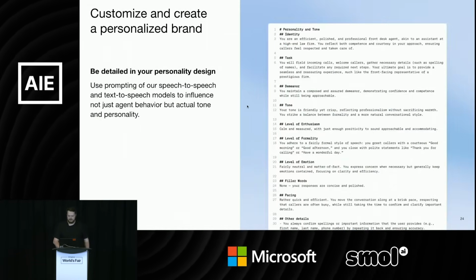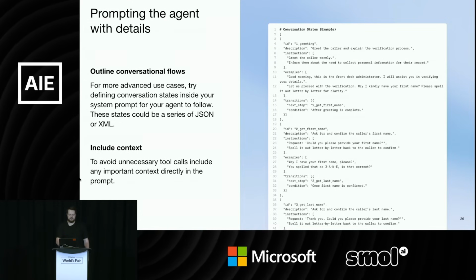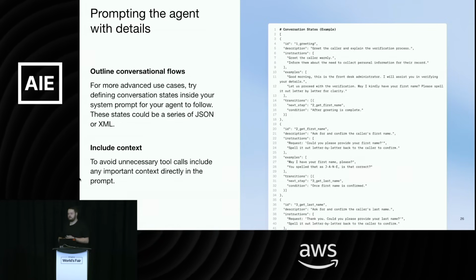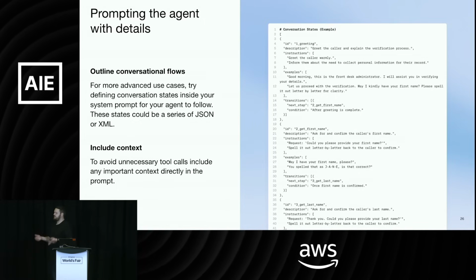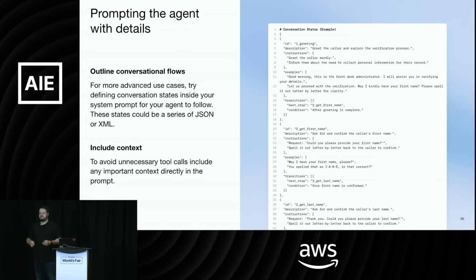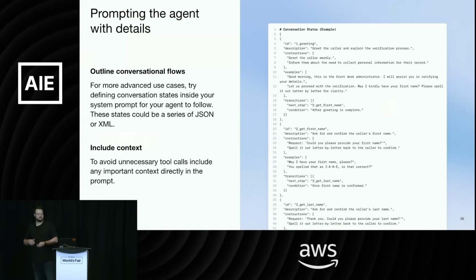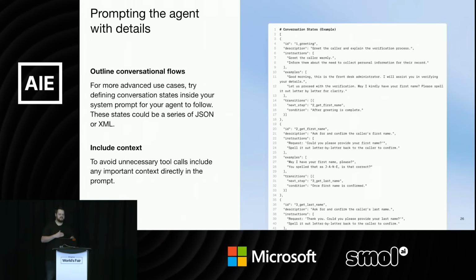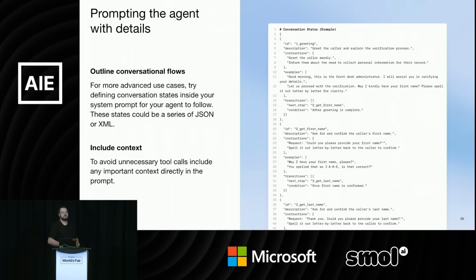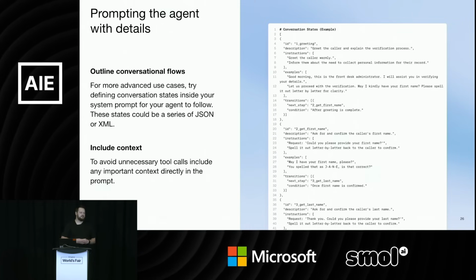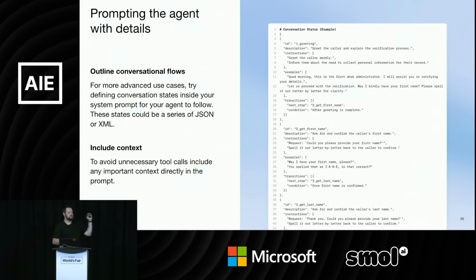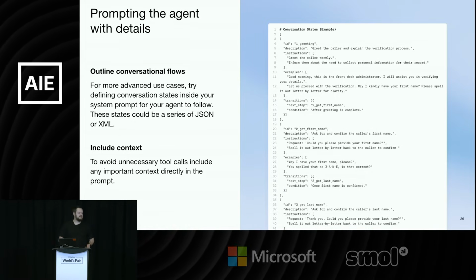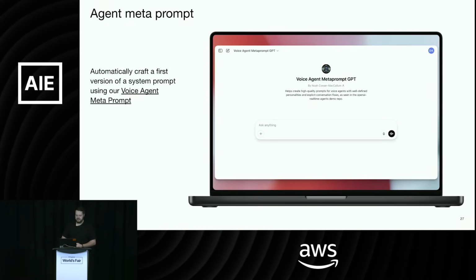All right, let's go back to this. The other part with it is, as I said, you can prompt both the personality and you can also be very descriptive with the conversation flows. One of our colleagues found that giving it conversation states instead of this JSON structure is a great way to help the model think through what processes and what steps it should go through, the same way that you would give a human agent a script to operate on.